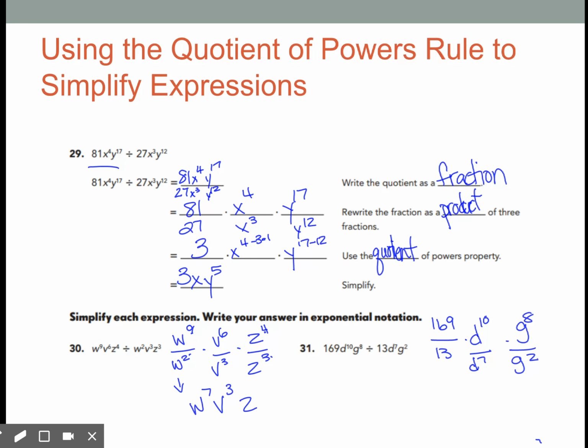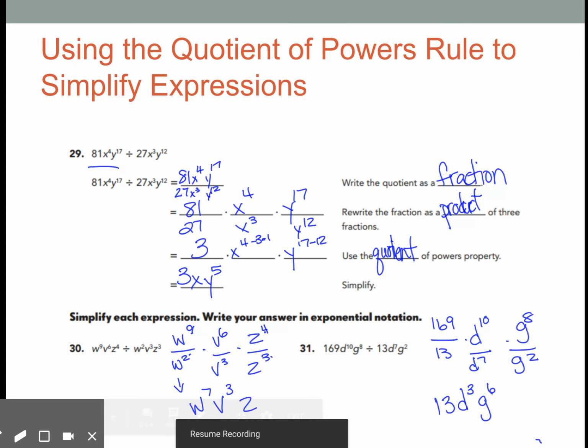So now I'm just going to do my simplification without writing out every step. If it works for you to write out every step, please do so. 169 divided by 13 is 13. D to the 10th divided by d to the 7th will become d to the 3rd power, because when I apply the quotient of powers rule, 10 minus 7 is 3. And g to the 8th divided by g squared will be g to the 6th power.